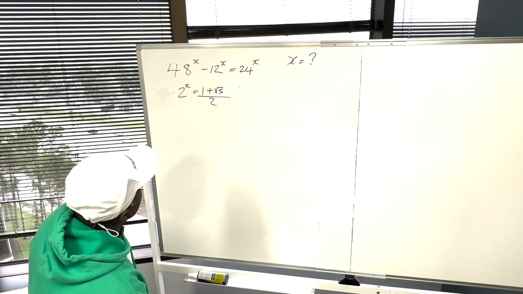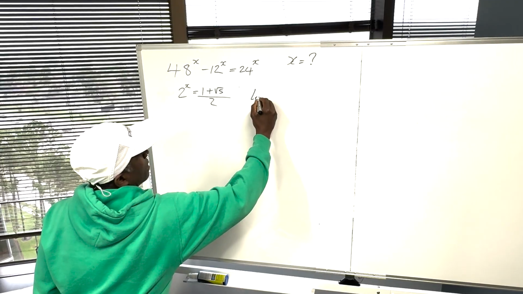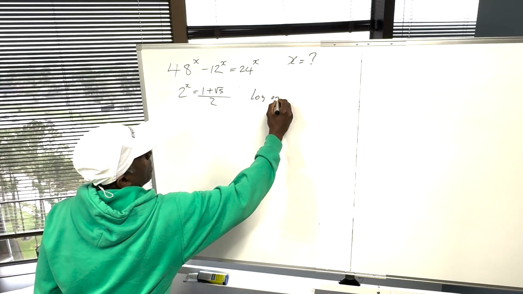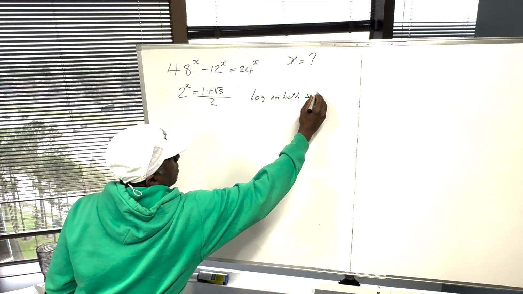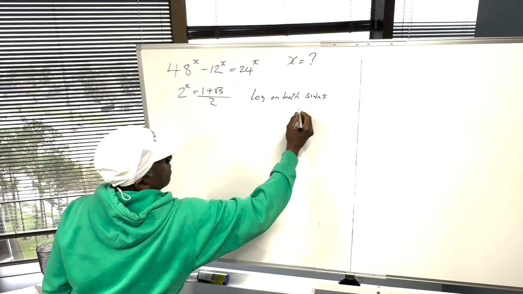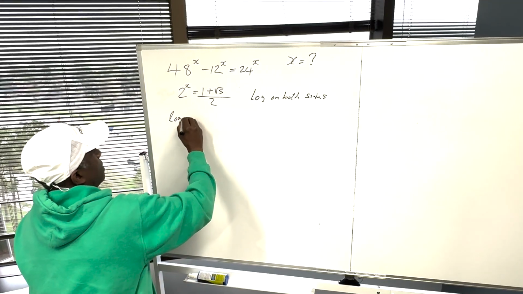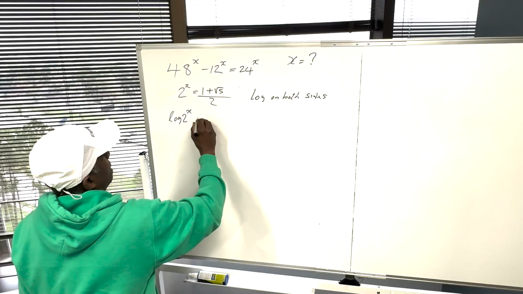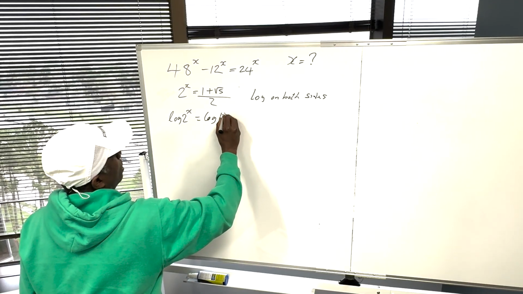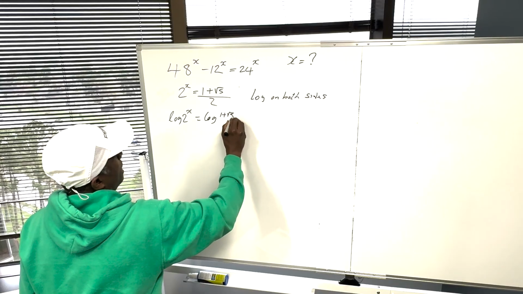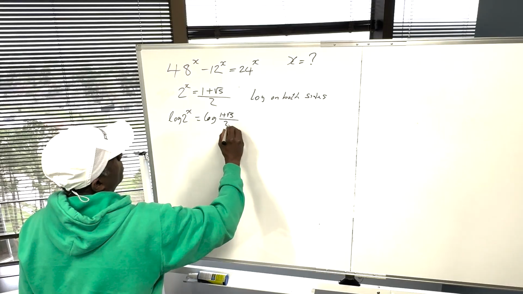So let's take log on both sides. So log of 2 to the x is equal to log of 1 plus square root of 5 over 2.